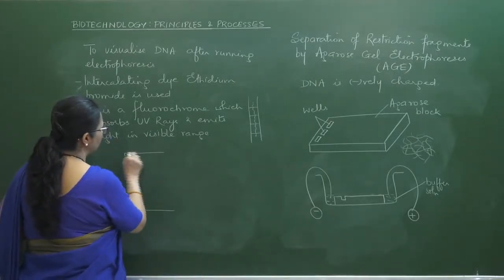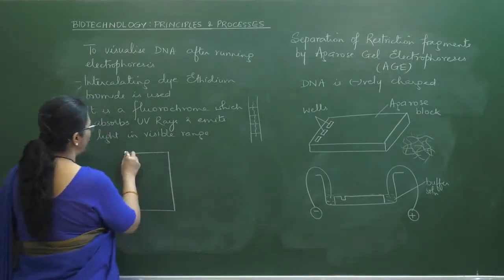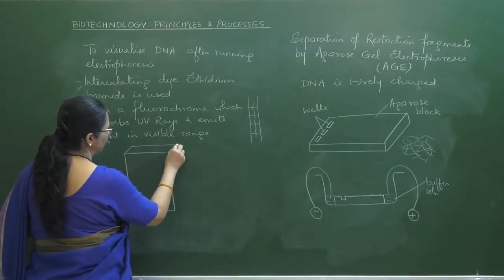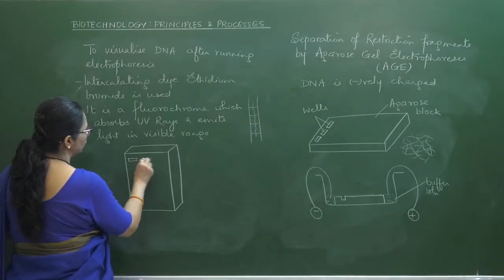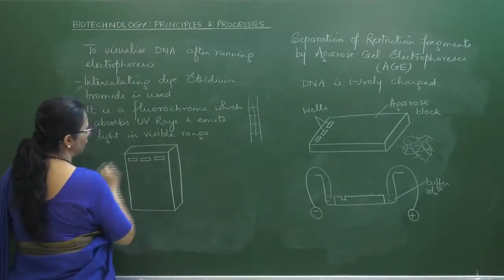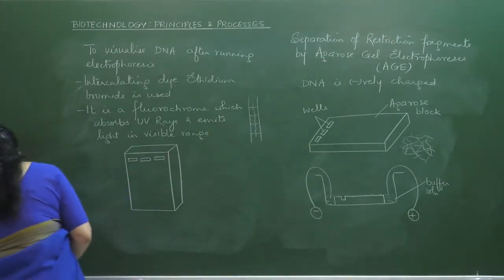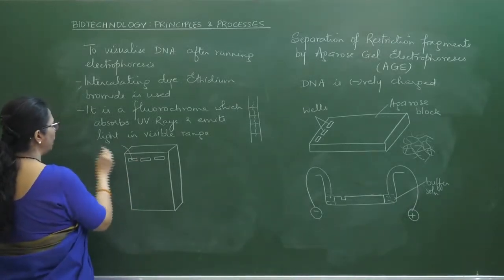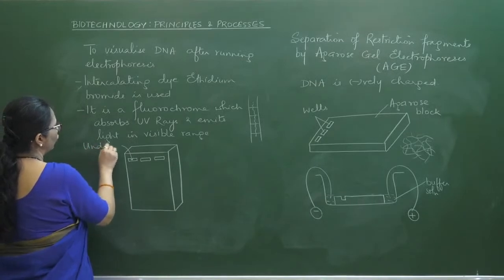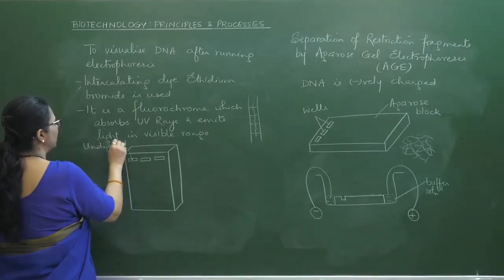So let us make this block once again. So in this block, you see, let us say these were the wells where we had loaded it. So what is done usually, for reference point of view, in one well it is undigested DNA, the whole DNA that is loaded.